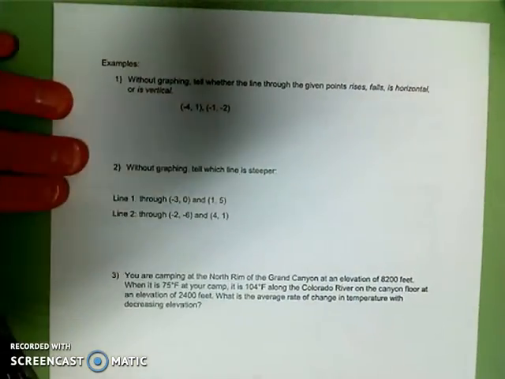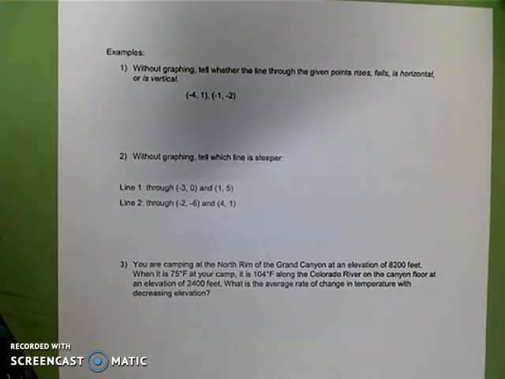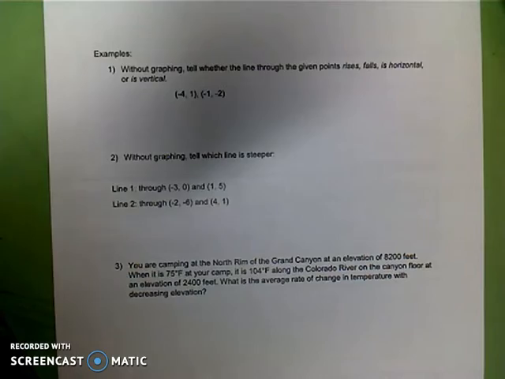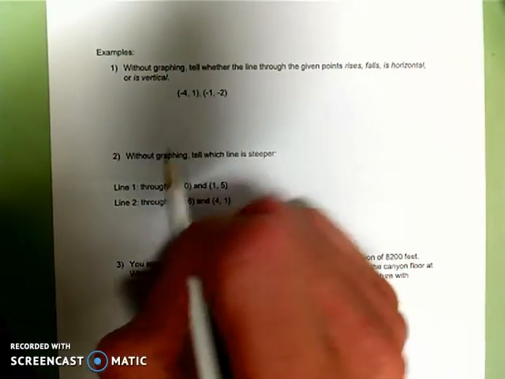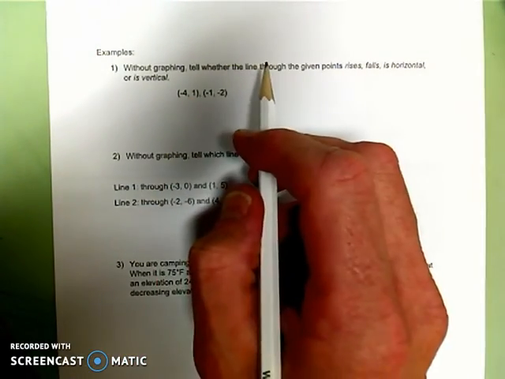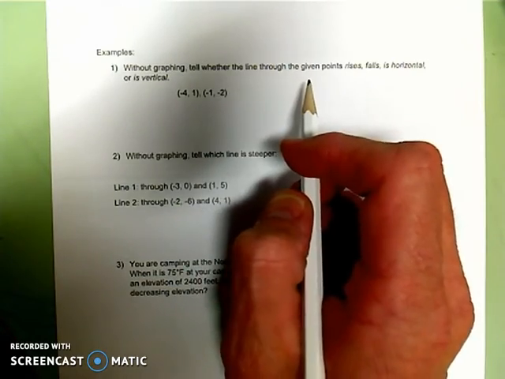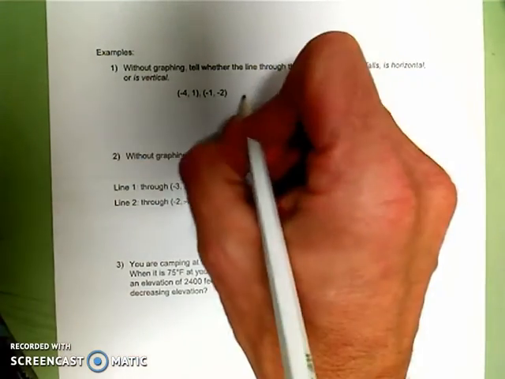Let's take a look at a couple more examples. So without graphing, tell whether this line through the given points rises, falls, is horizontal, or is vertical.